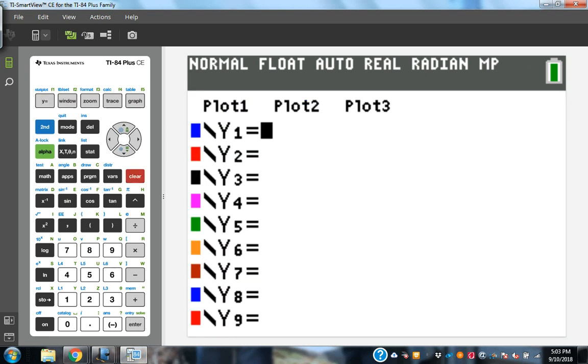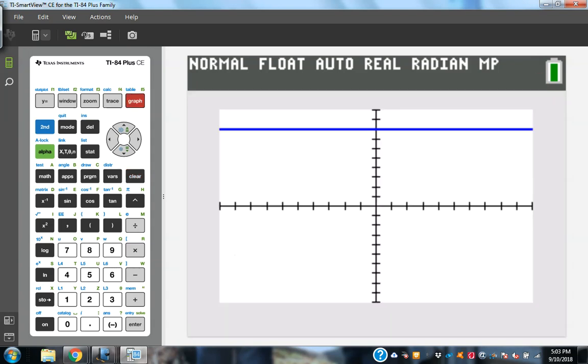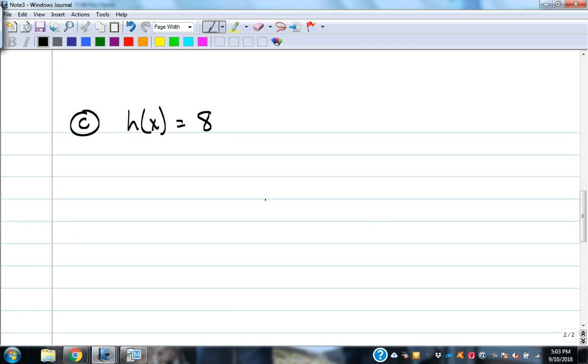H of x is the same thing as y. So I'm just going to graph y equals 8. Horizontal line. What's the slope of that horizontal line? Yes. Slope is 0. Does that thing have an x-intercept? No, there's not one. Does it have a y-intercept? Where at? (0, 8).